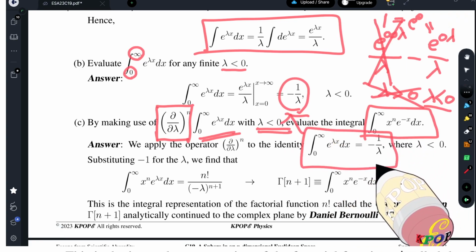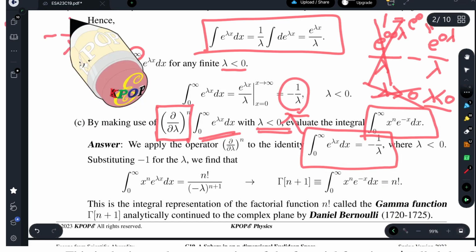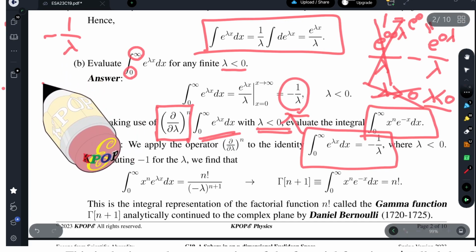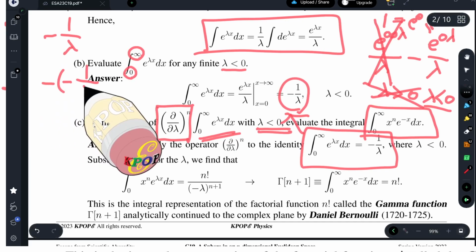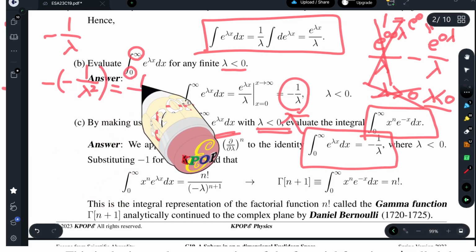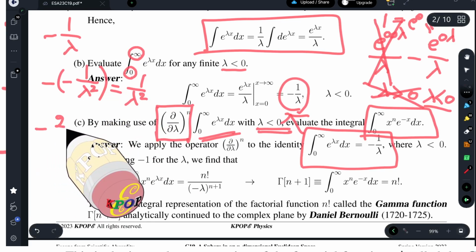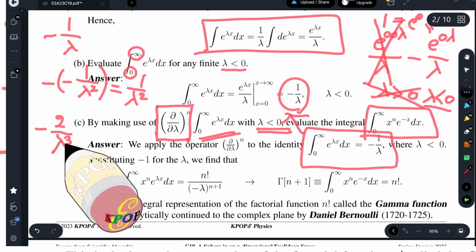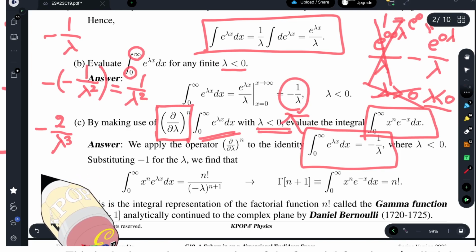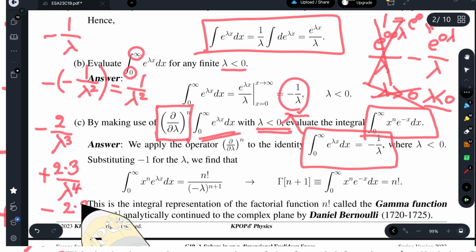If we take the derivative of this with respect to lambda, the first order derivative is minus 1 over lambda squared. The second order derivative is 2 over lambda cubed. The next one is minus 2 times 3 over lambda to the fourth, and the next is plus 2, 3, 4 over lambda to the fifth.